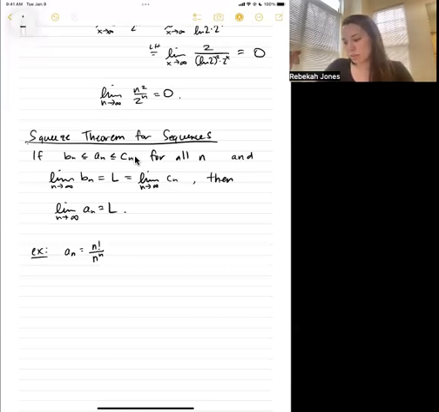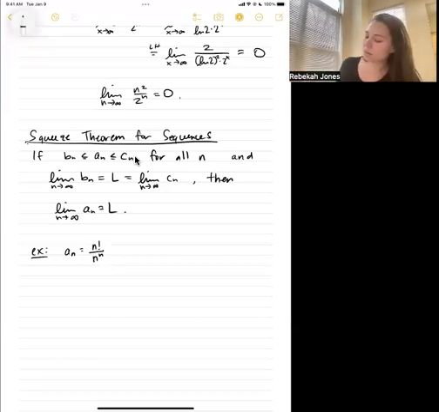If we tried to plug in even 1/2, that doesn't make sense in terms of the factorial. So what we'll need to do is something different, and it turns out we can use the squeeze theorem.